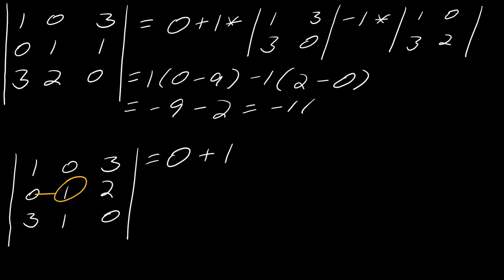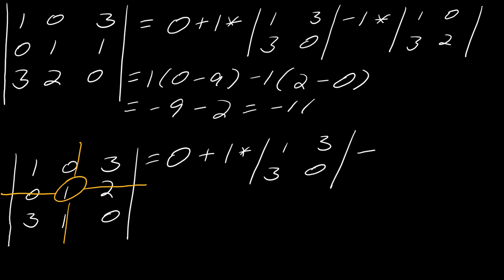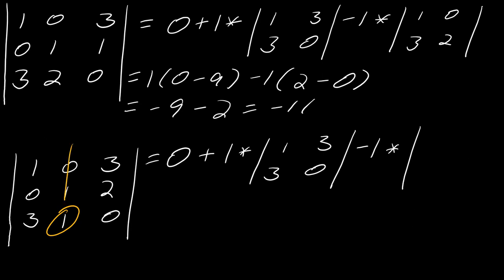Check out what happens. If I look at what minor is left over, this is 1, 3, 3, 0. And then as I continue down the column to here, this will be minus 1 times, and the minor that's left over in that case is 1, 0, 3, 2.